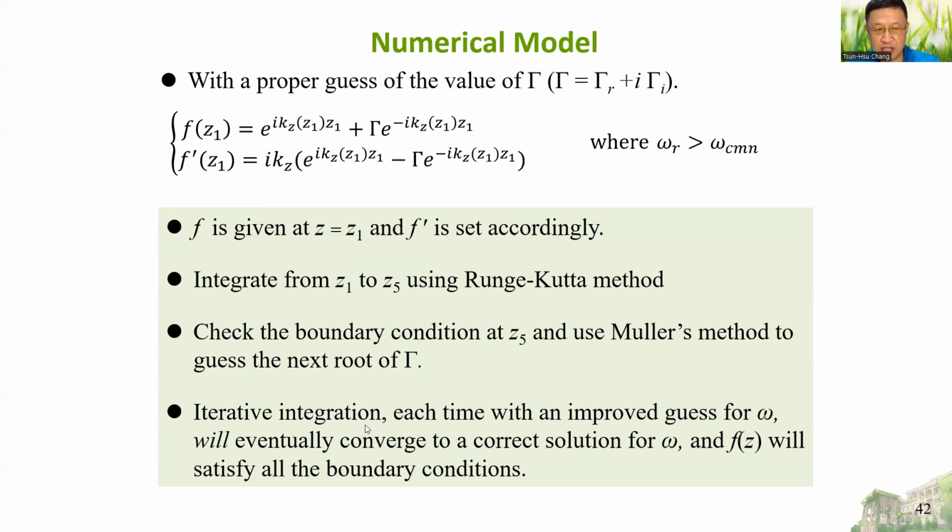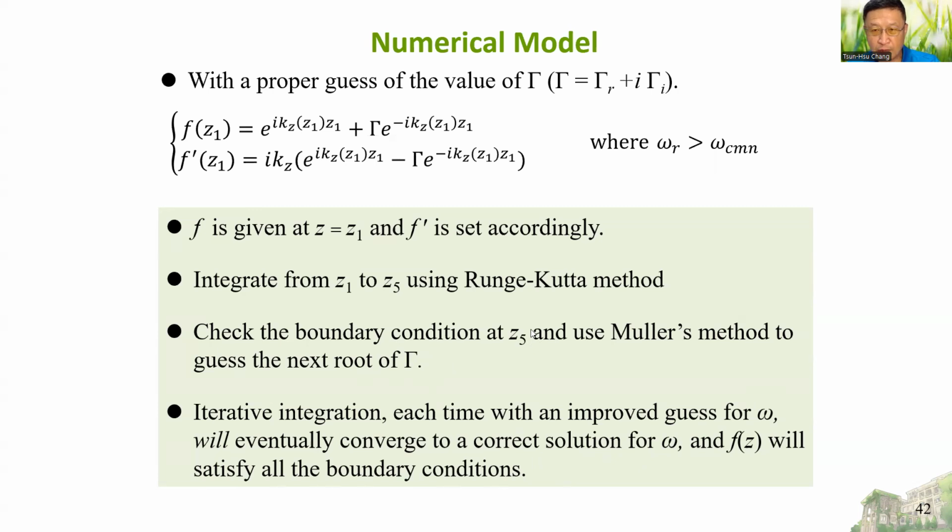Iterative integrations, each time with an improved guess of gamma, will eventually converge to the correct solution for gamma, and f of z will satisfy all the boundary conditions. Our purpose is to find gamma.